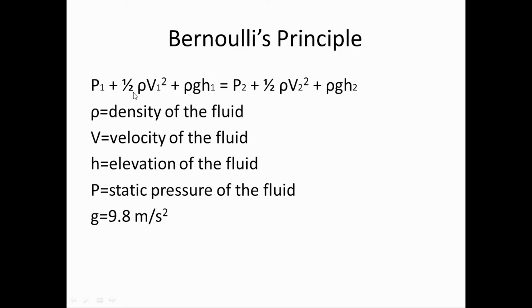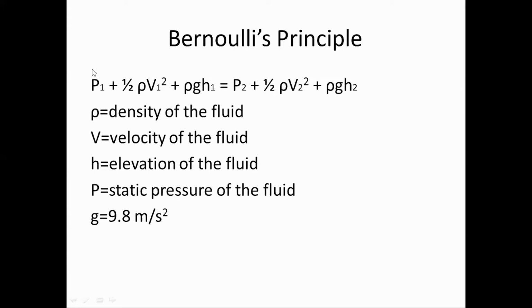It's looking at two different moments. P1, V1, H1 refers to moment one; this is the information at moment one, and this is the information at moment two. We're comparing two different moments in time.